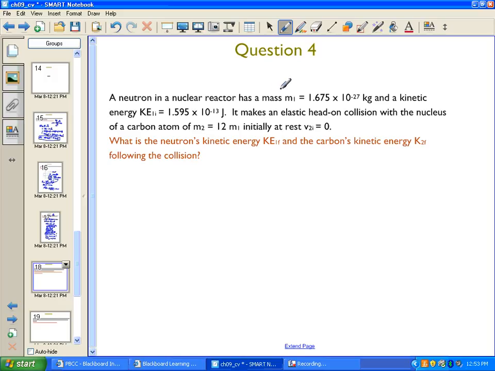And here, what we're going to do is call the neutron m sub n, let's call it object number 1, just to make our life easy. It also has a kinetic energy of 1.595 e to the minus 13 joules. And again, this is the neutron. So this is the kinetic energy of the neutron initially.